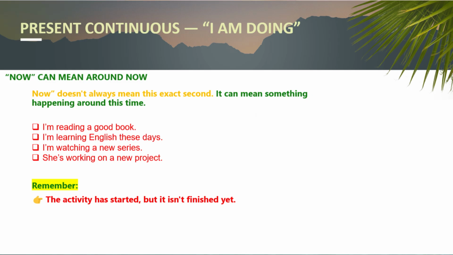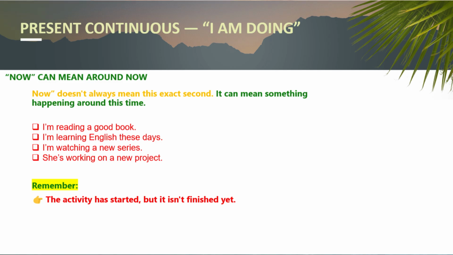We can use the same idea with learning English. You might say, "I'm learning English these days." You aren't studying English every second of every day, but English is something you are currently working on. You might also say, "I'm watching a new series."